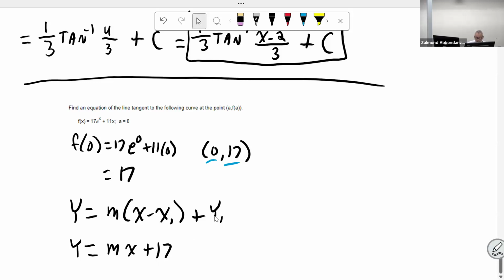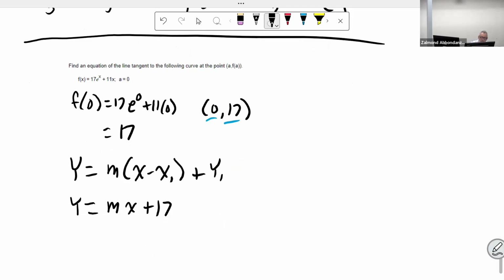How do I find the slope? Well, the slope is the derivative at that point when x equals a. So we need the derivative. The derivative of this function is, well, 17 is a constant. The derivative of e to the x is just itself, e to the x. If you can't remember that, remember that. It's one of the easiest things in math.